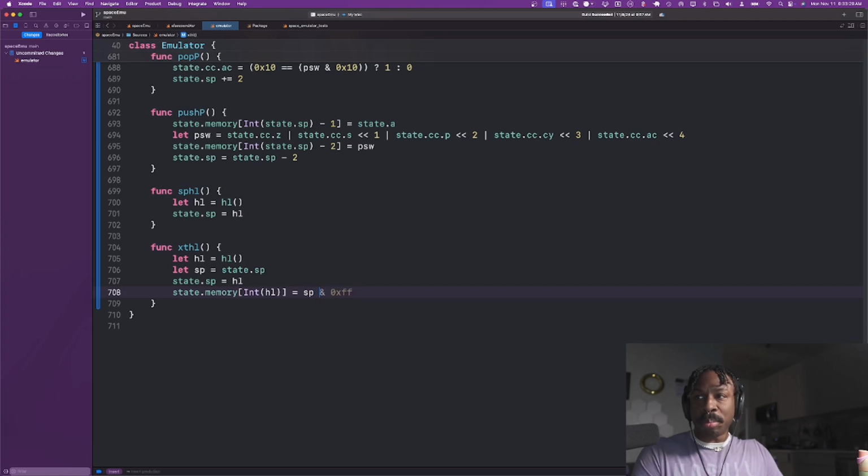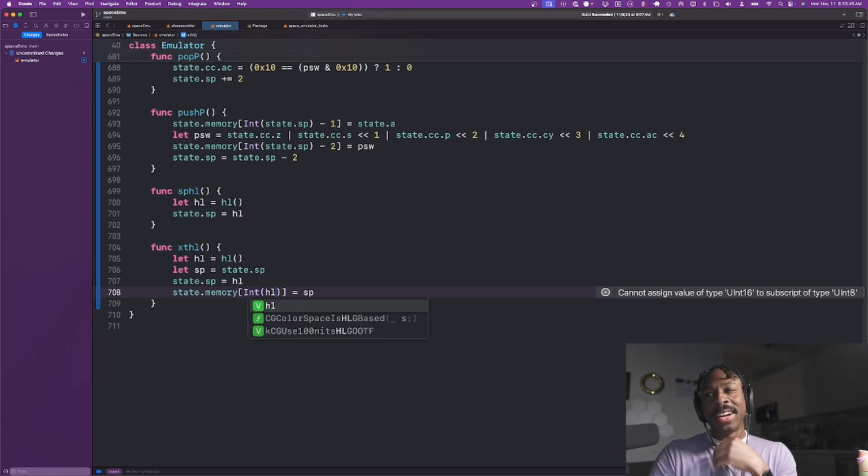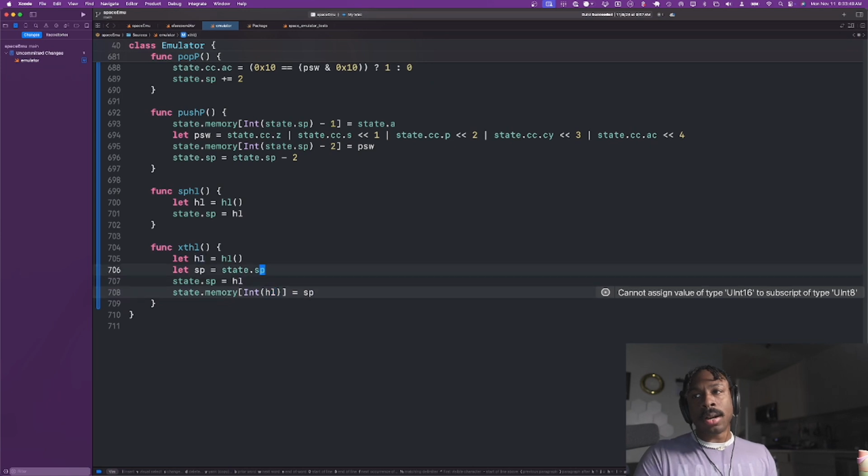What is this byte swap? Oh, okay. I think I know some of what's going on, but not completely.